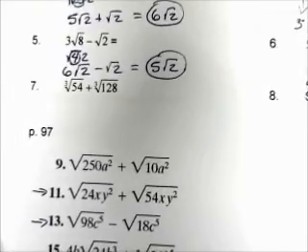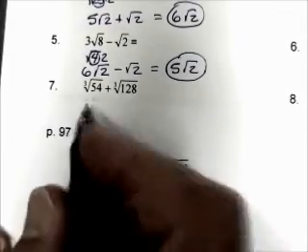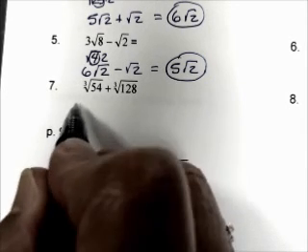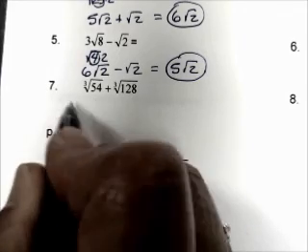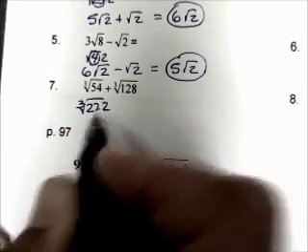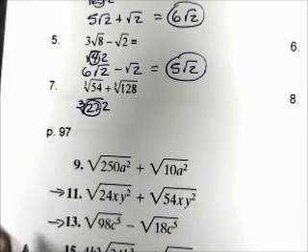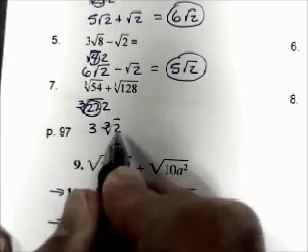Number 7, we have cube root. Cube root of 54. Let's break that down into 27 times 2. 27 times 2 is 54. Cube root of 27 is 3. So we have 3 cube root of 2.